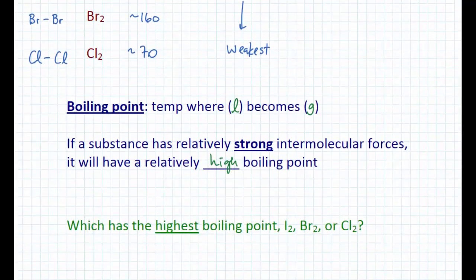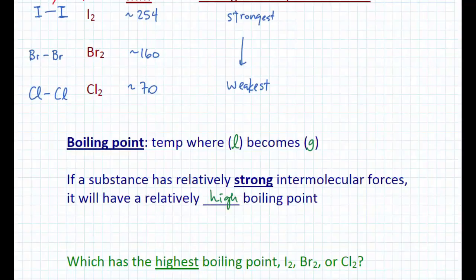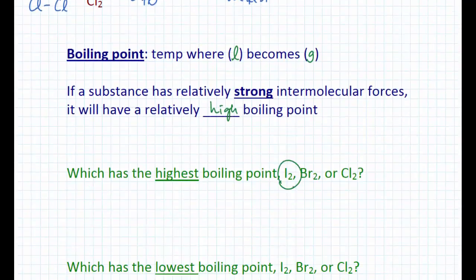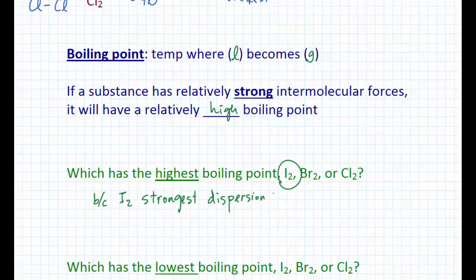So which of those 3 do you think will have the highest boiling point? Absolutely. Iodine will have the highest, okay, because I2 has the strongest dispersion forces between its molecules, and we estimated that by molar mass.